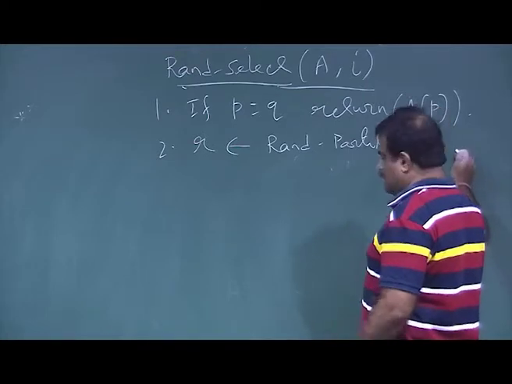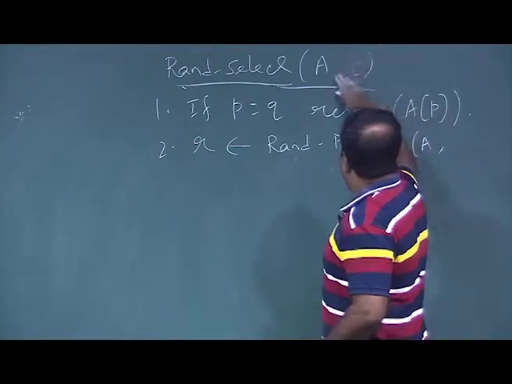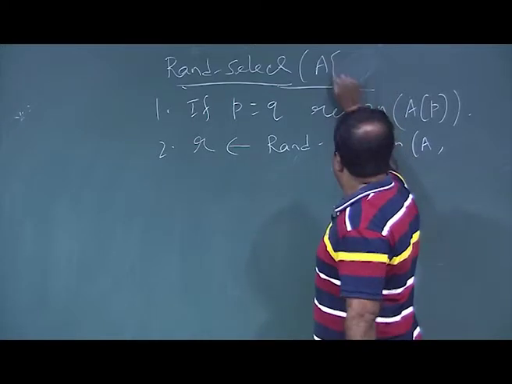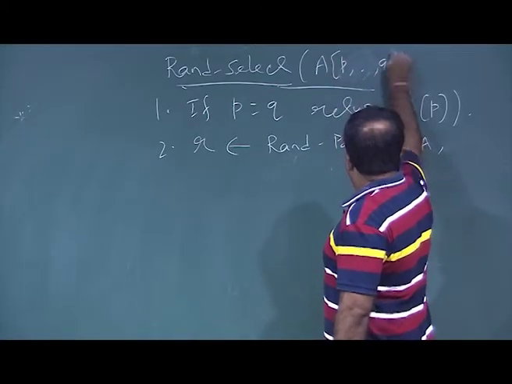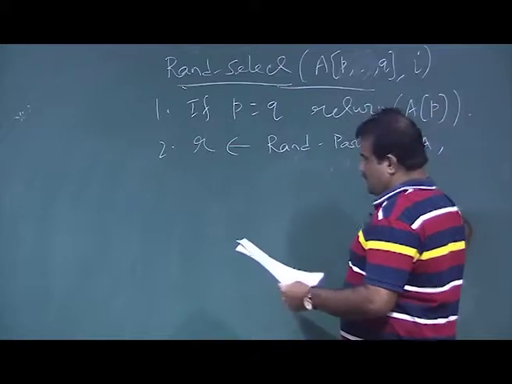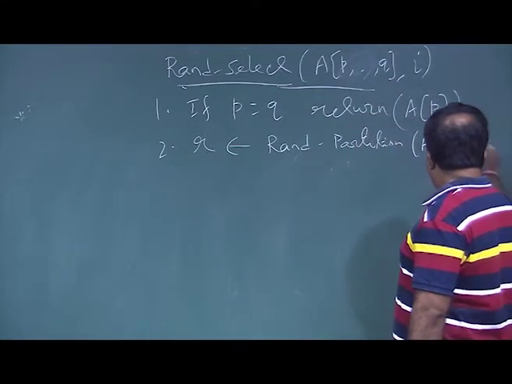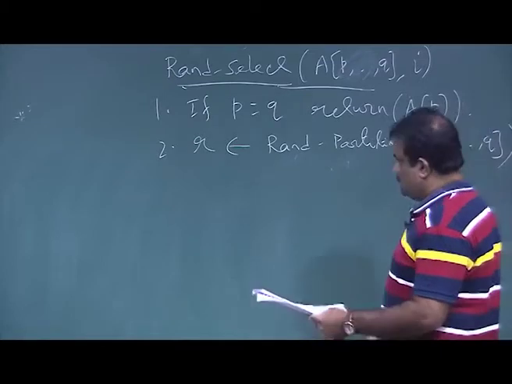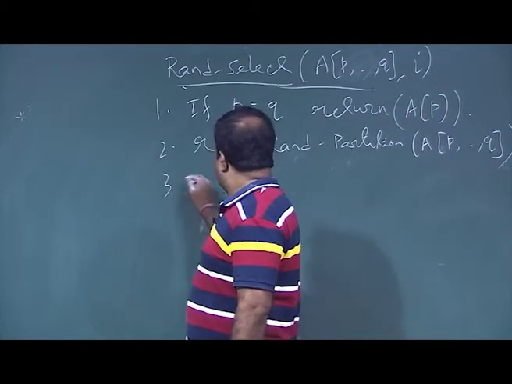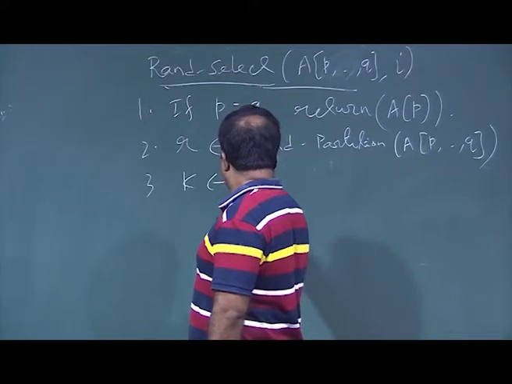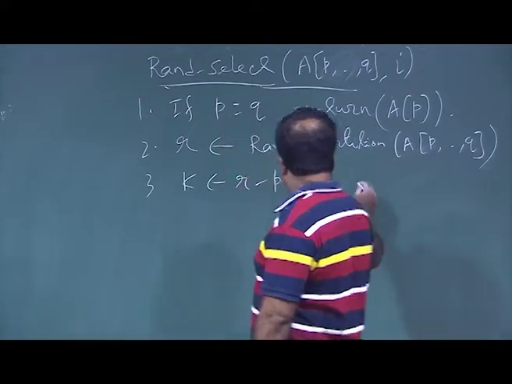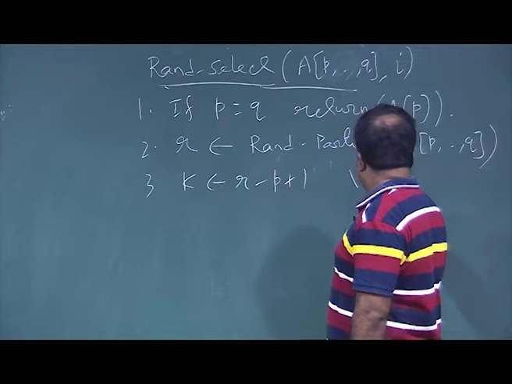So, randomized partition of A, from P to Q, and then the remaining part is the same: K is R minus P plus 1, the rank of x.